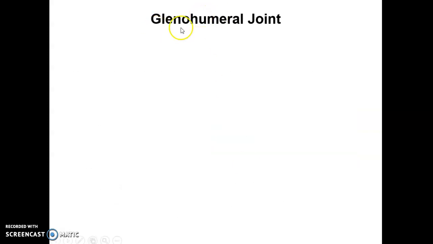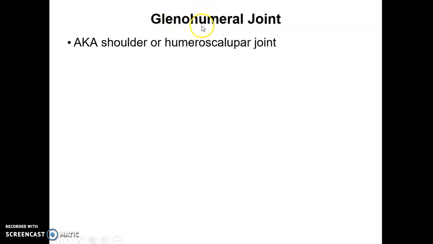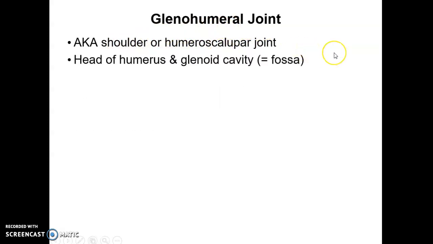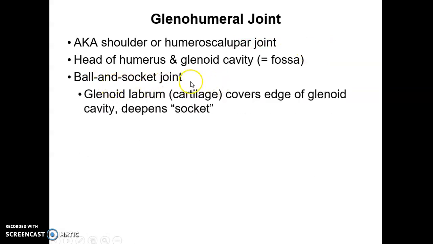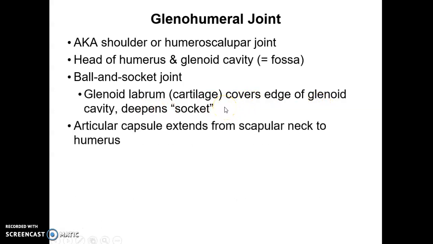Glenohumeral joint. Glenoid fossa or cavity of the scapula and the head of the humerus, the shoulder joint, or humeroscapular joint. It is a ball and socket joint. It's fairly shallow, which is one reason why you have a huge range of motion there, but that means you lack stability. There is a cartilaginous glenoid labrum that helps deepen the socket of the glenoid cavity to give some reinforcement of this joint.